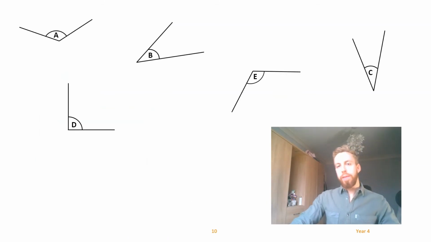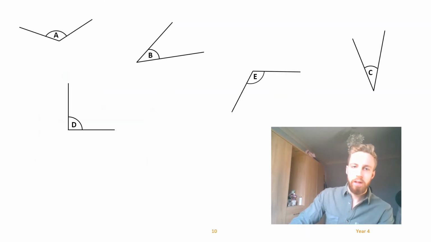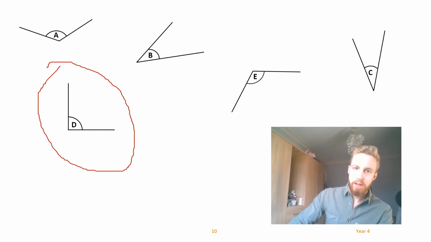Right, so if we go back to those angles that we started with, we've got our right angle here, and we've got an obtuse here because it's bigger, acute because it's smaller, obtuse because it's bigger, and this one over here, number C, is going to be acute because it's smaller as well.